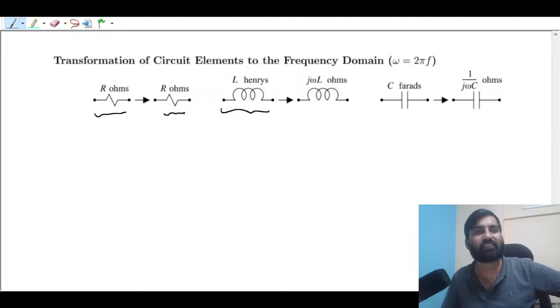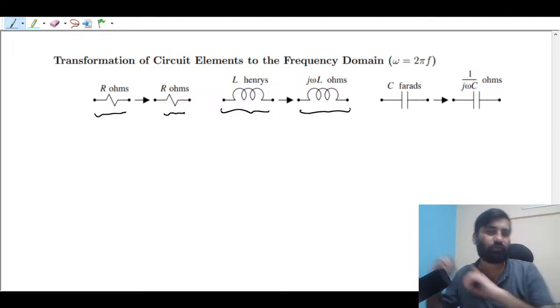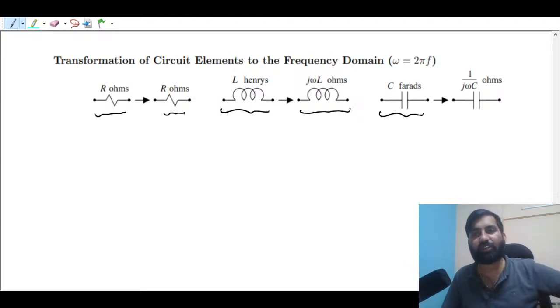But suppose an inductor is given, L in Henry, so j omega L, converted into the frequency domain. C will be given in phasors. You have to do this. So C can be written as j omega C, or you can also write this as jX_L minus jX_C.